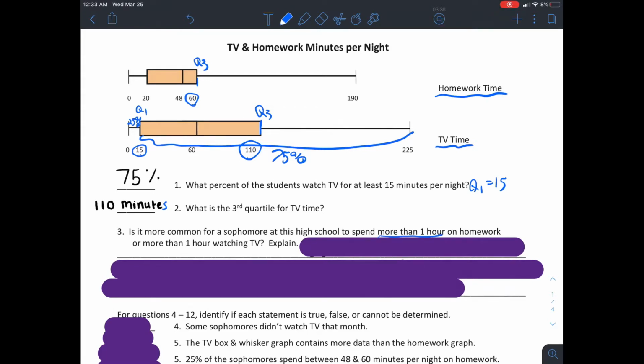So what percentage of students are spending more than 60 minutes on homework? Well, I know that each whisker of my box and whisker contains 25% of my data. So 25% of students are spending more than an hour.